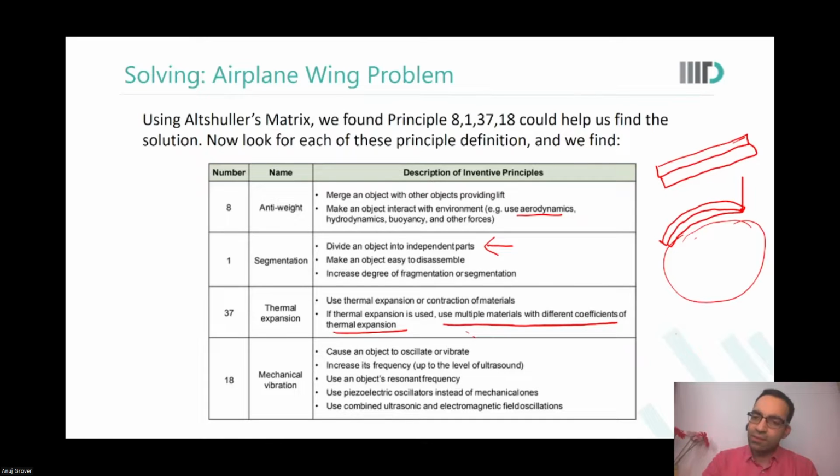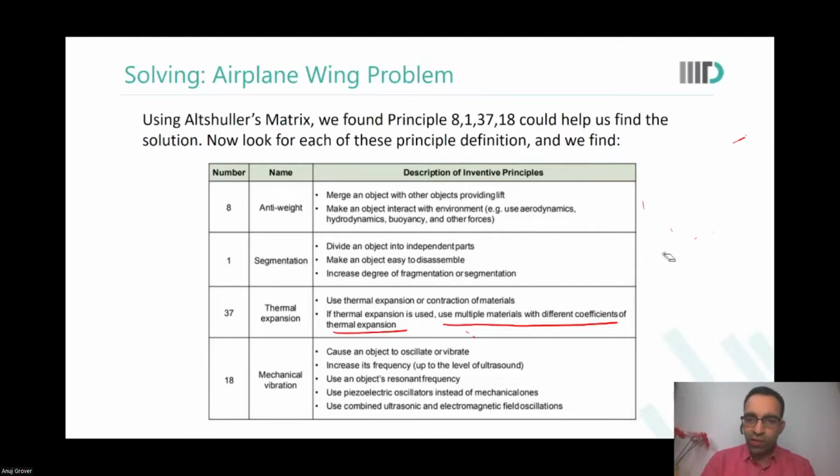If this was a wall or this was a window, then bimetals would simply open the window for you. We talked about this in terms of building greenhouses. Is someone from that team over here in the class today? Okay, doesn't matter. But thermal expansion, use two materials so that you could get the function done easily. We can't use it for the aeroplane though, but that was the inventive principle I was just sharing.